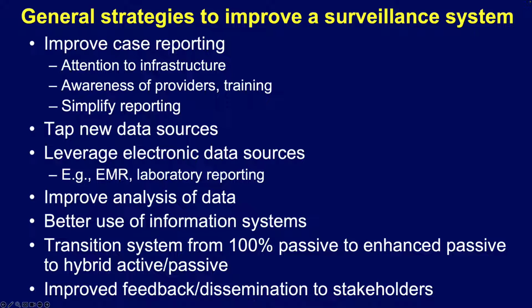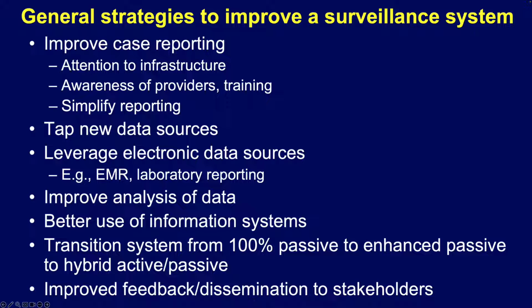In terms of increasing completeness or timeliness, while it would require more resources, it may help to transition a system that's fully passive to something that's closer to active or a hybrid of active and passive. And something that can often be greatly improved and make a lot of difference is to improve the feedback and dissemination processes to make them more systematic and useful.